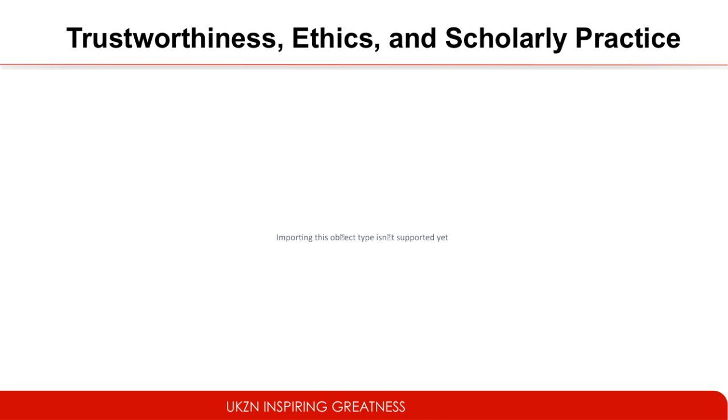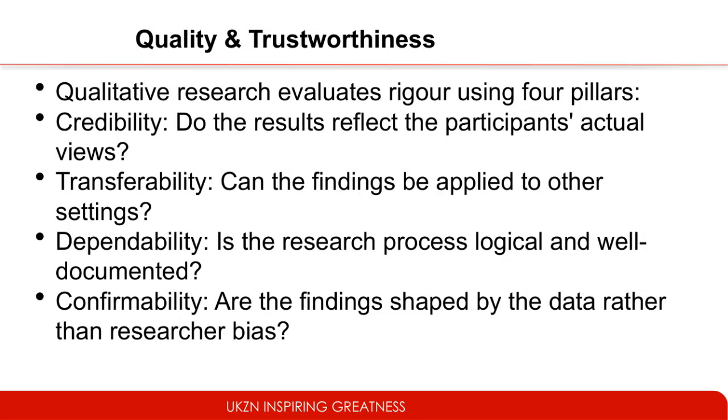Upholding these standards strengthens the value of qualitative research, enhancing its contribution to knowledge, practice, and policy. When done with integrity and sensitivity, qualitative research offers profound insights into complex social issues and fosters deeply meaningful, contextually relevant scholarship. Here at UKZN, inspiring greatness means upholding the highest standards of quality and trustworthiness in our research.